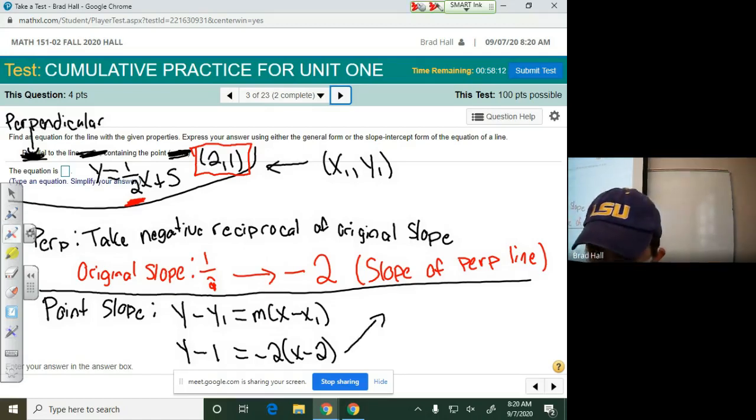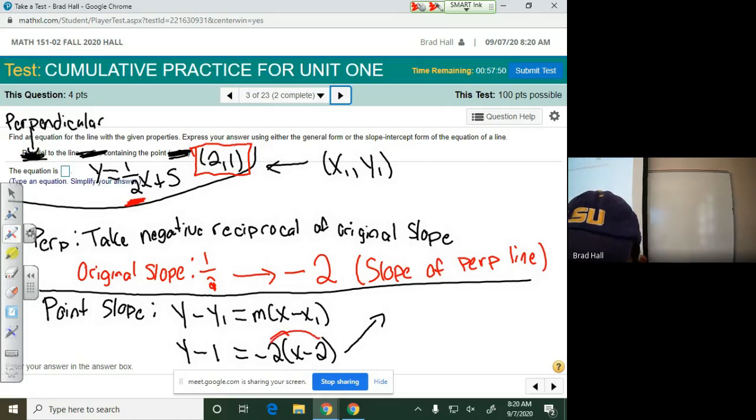We have to put the final answer in slope-intercept form. It also says general form, but I did not talk about general form. Frankly, you don't want to, it would be more work. If you want to read it on your own, I'll let you, but we'll focus on slope-intercept form.